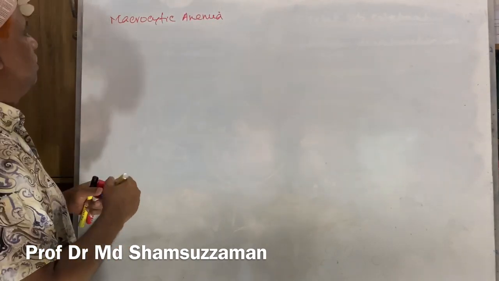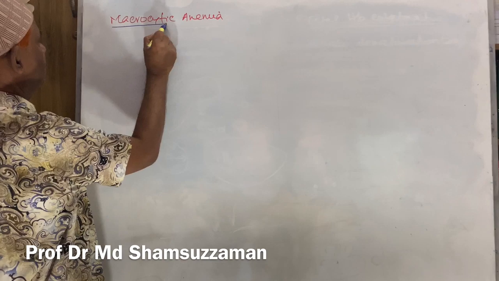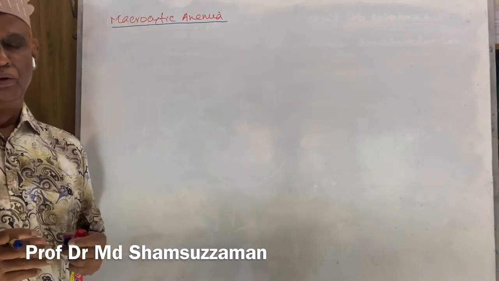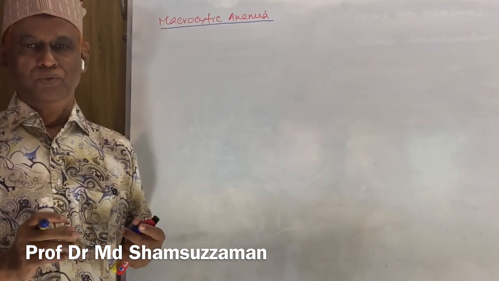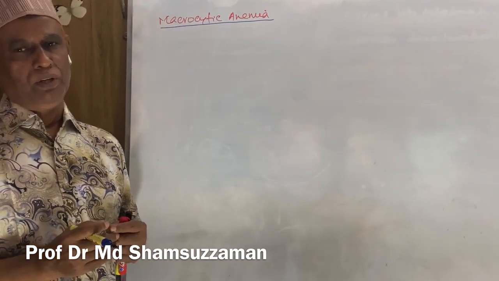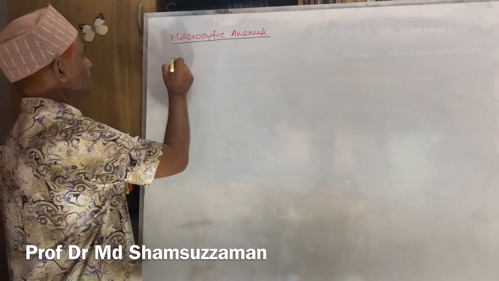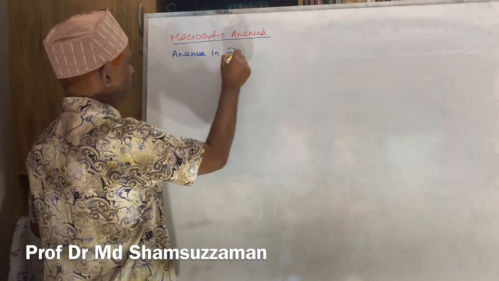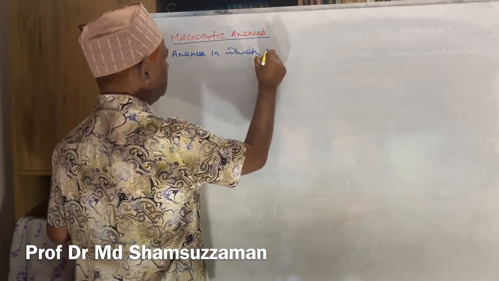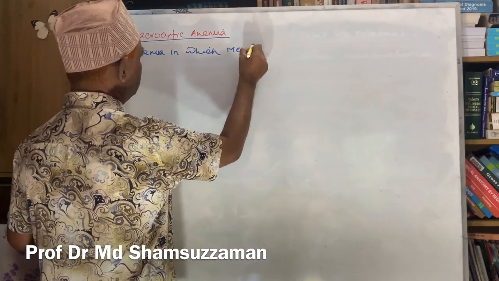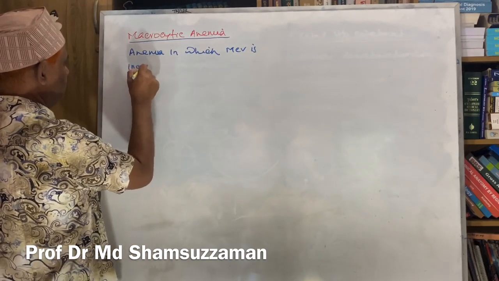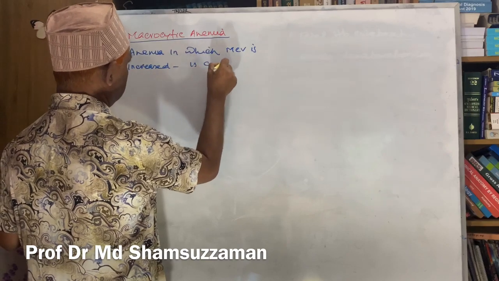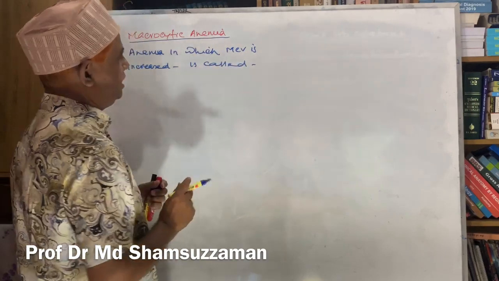First we have to know what is macrocytic anemia. Anemia in which the mean corpuscular volume of RBC is increased is called macrocytic anemia.